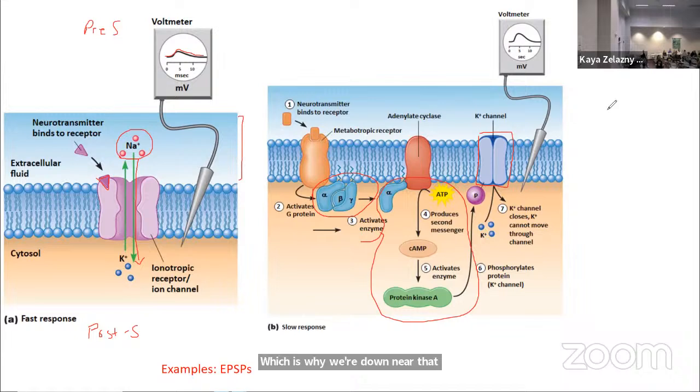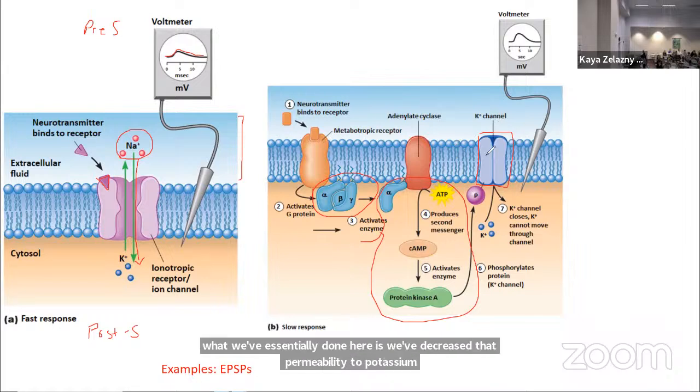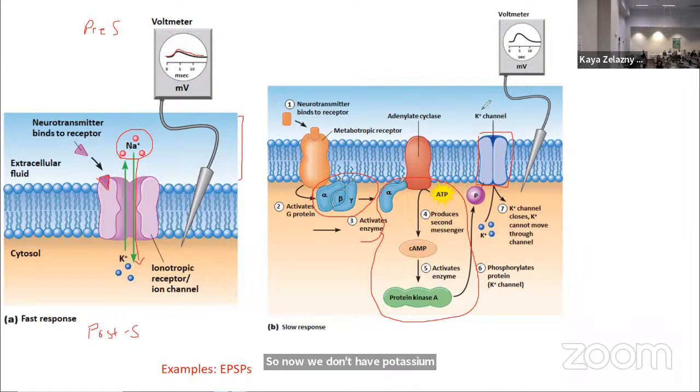That's why we're at -70. We talked about that when we talked about how that resting membrane potential develops. Okay? So what we've essentially done here is we've decreased that permeability to potassium. So now we don't have potassium leaving the cell as much, which means overall, we're going to have a slightly more positive membrane potential, slight bit of depolarization.